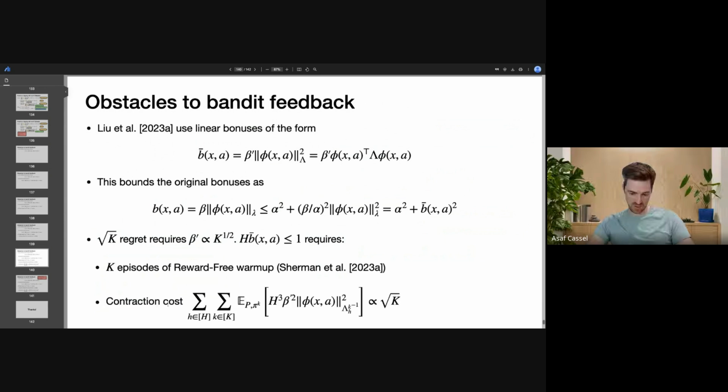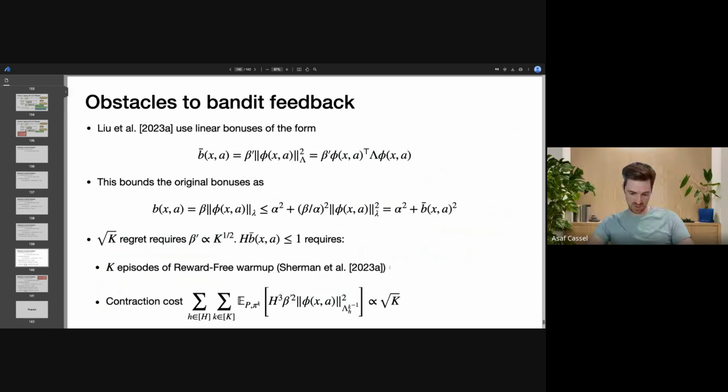And because we have this squared elliptical potential, if you use our method, then again this will sum to log k, and now the beta squared will be square root of k.